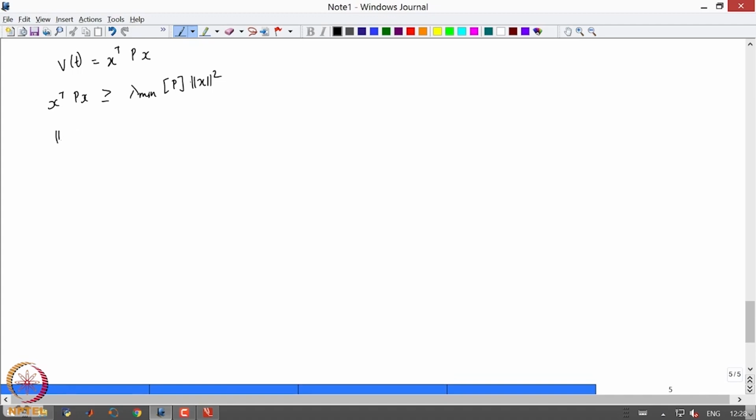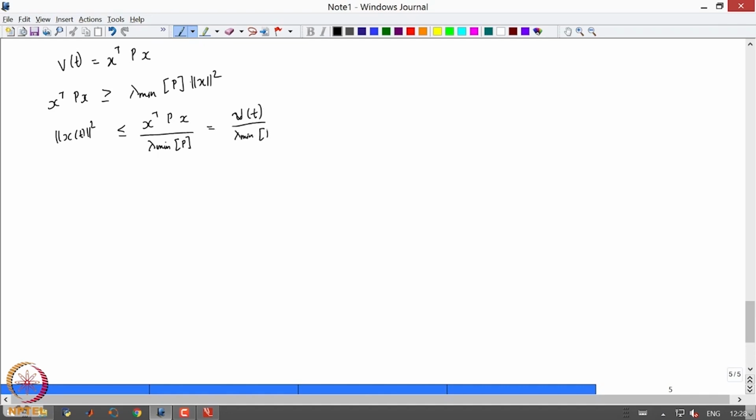First I can conclude that norm x of t squared is less than or equal to x transpose P x over lambda min of P. Okay, what is x transpose P x? It is the function which I defined earlier, v of t.